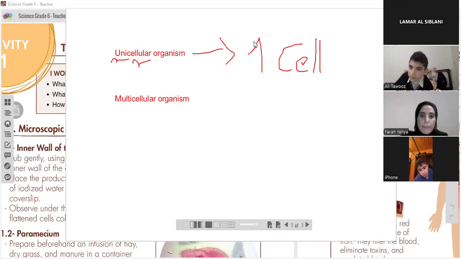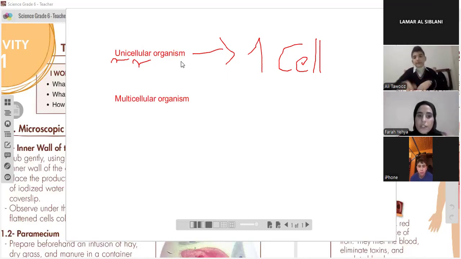Paramecium. Okay, great. Do you know the meaning of paramecium? Ali Taous, yes, it's a living thing. Bacteria. Okay, excellent. Selena, listen to us.